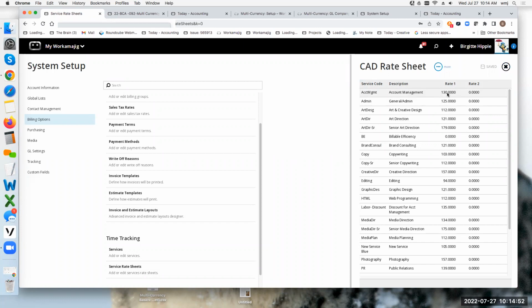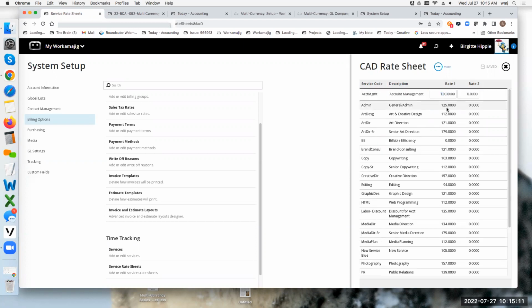So if the project is set up as Canadian, then this 130 is 130 Canadian dollars. If my project is set up as US, even though this is called a Canadian rate sheet, it is still 130 US dollars. So these are simply numbers. It is the project that determines whether that's Canadian dollars, foreign currency, or home currency.